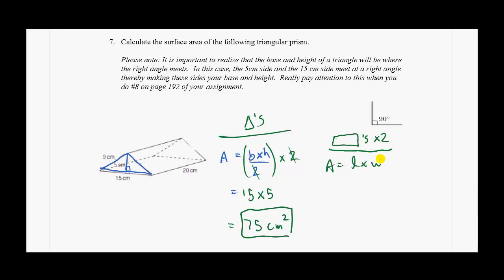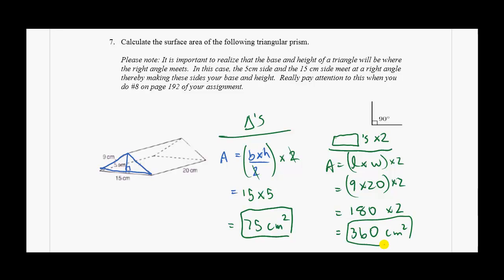Area of a rectangle is length times width. 2 of them are the same, the 9 by 20s. So that would be 180 times 2 is 360 square centimeters.